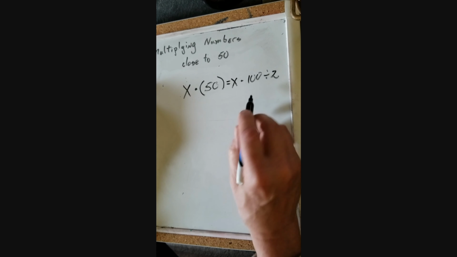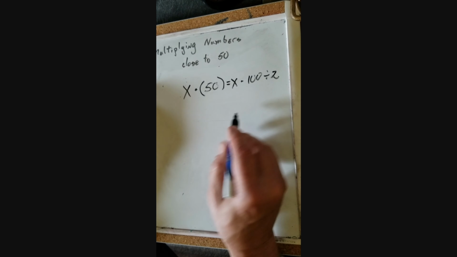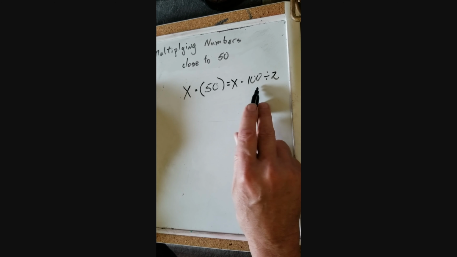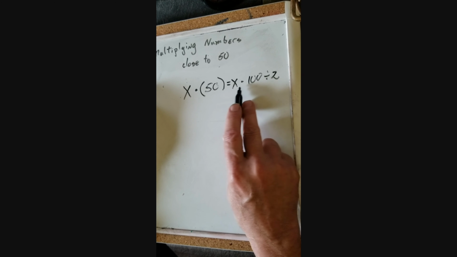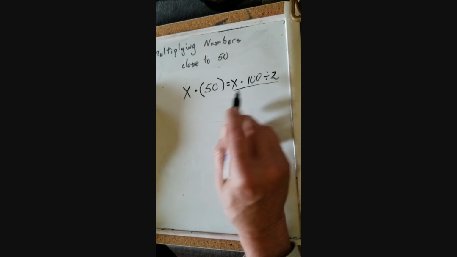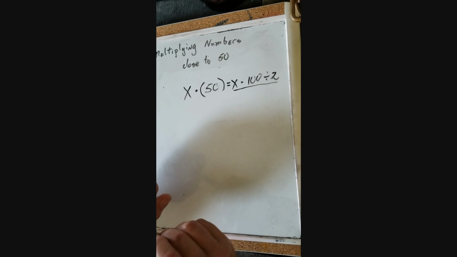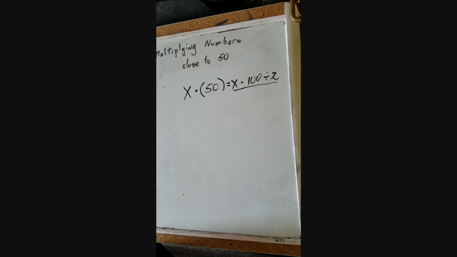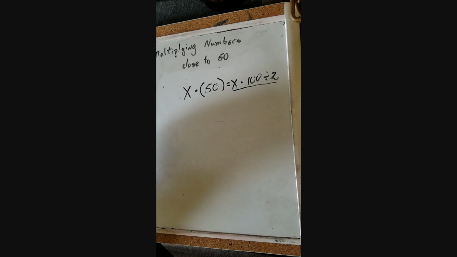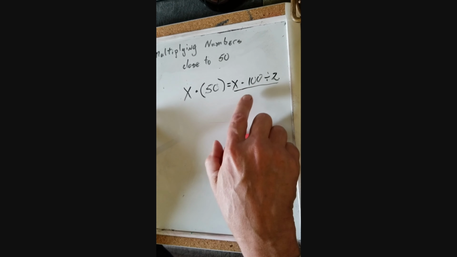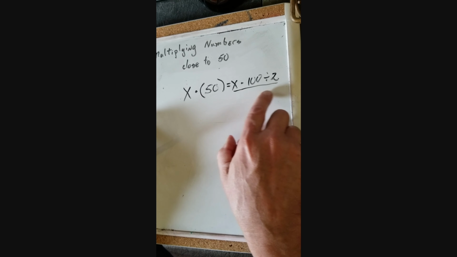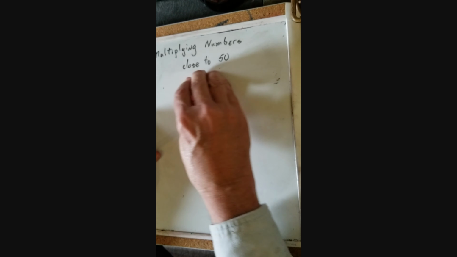And we can put this in parentheses, that's 50, or we'd leave it outside the parentheses. But this is the technique that we're working with, because this works. Instead of multiplying by 50, it's easier to multiply by 100 and then divide that by 2, or just take half.